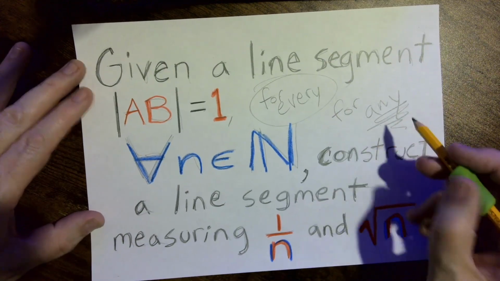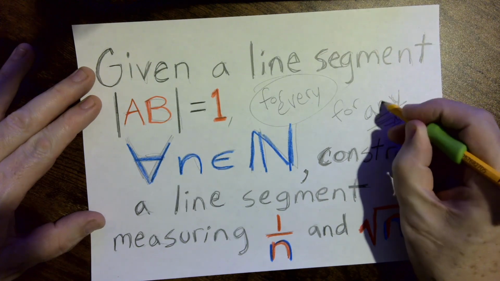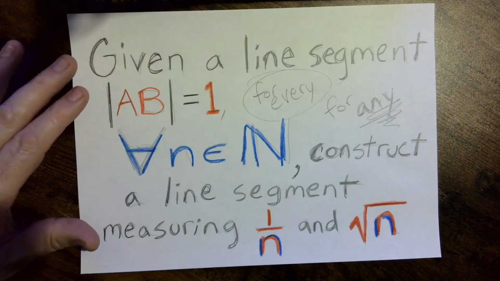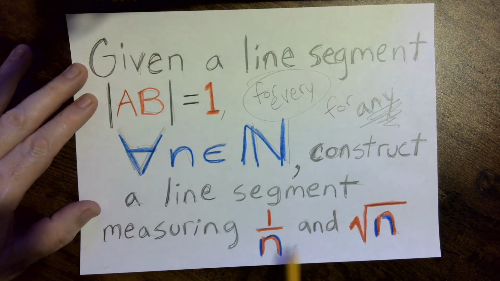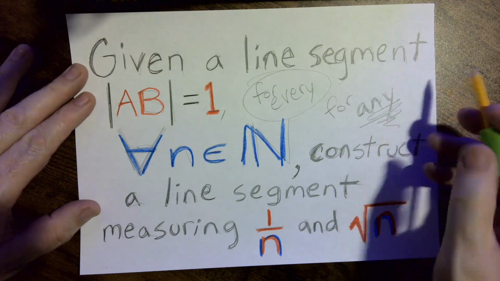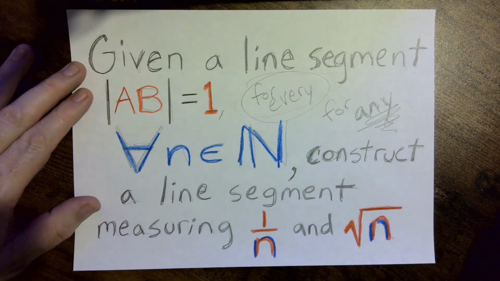So we're going to show for any n. That's good enough. For any n, we're going to show that we can construct a line segment measuring 1 over n and square root of n. If we can do that for any, then it's just like doing it for every, we'll say.